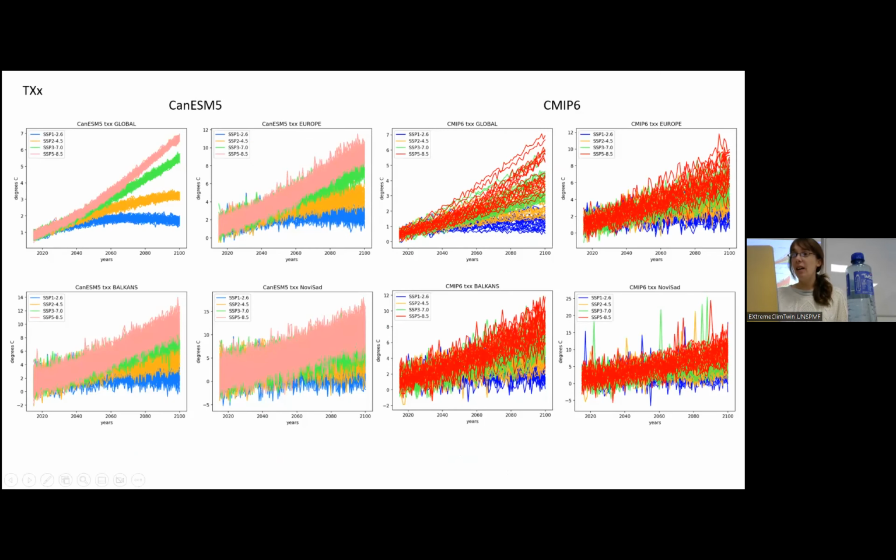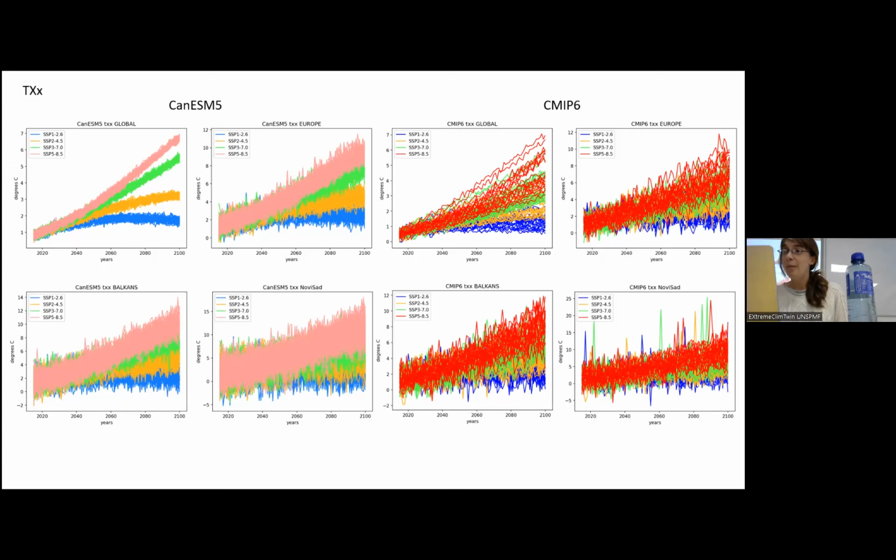All right, and then I plotted the same for CICERO. So if you compare, for example, the same scenarios, so the pink one and the red one, between CanESM5 and CICERO, what do you notice about the difference between the two? It's the largest part.